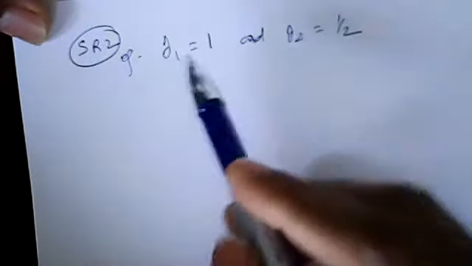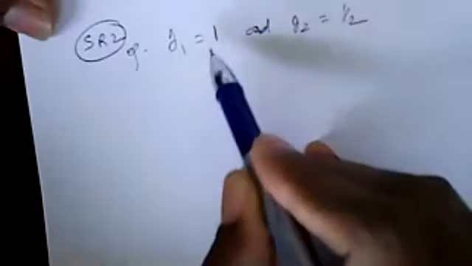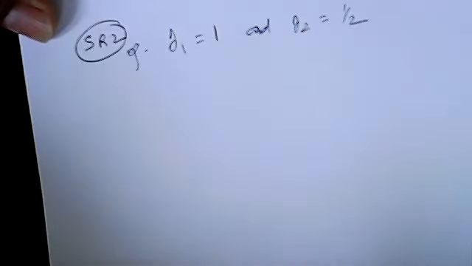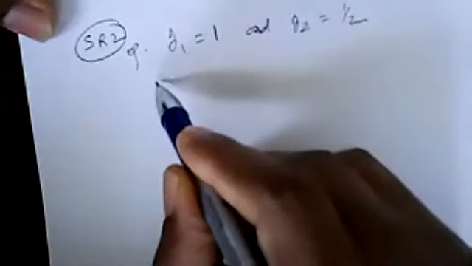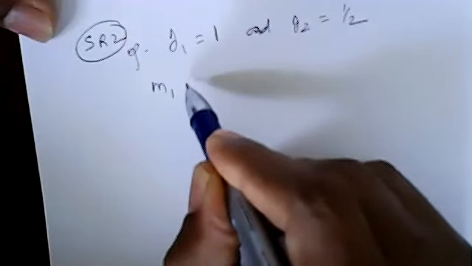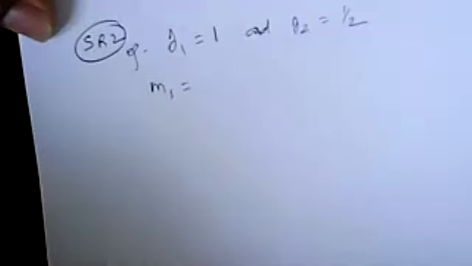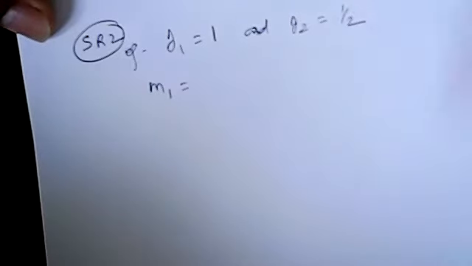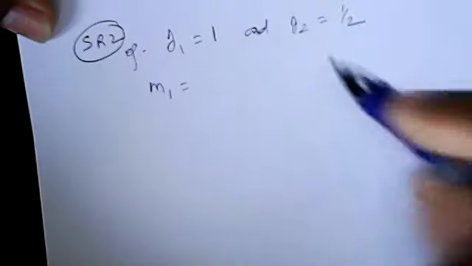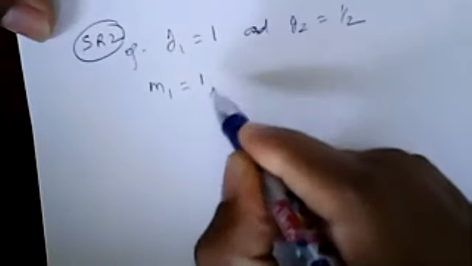We know that this J1 equal to 1, we know the rules for the M1 from J1. M1 is the component of J1. So M1 can have 2J1 plus 1 values. That is 3 values, 2 into 1 plus 1, which are plus 1, 0 and minus 1.